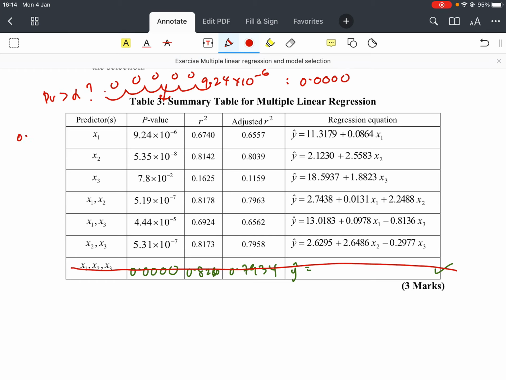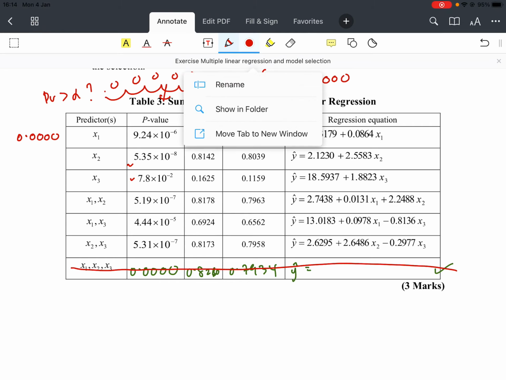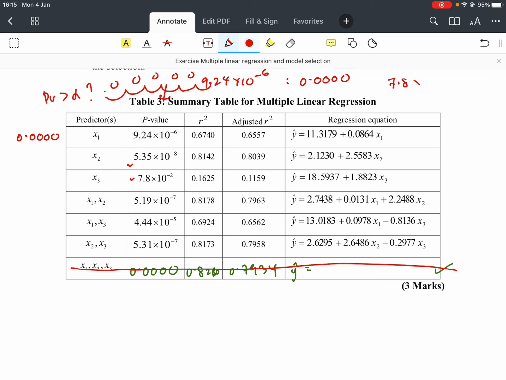The same goes for the others. Sorry, here it is 7.8 times 10 to the power of negative 2, which is 0.078. The rest are 0.0000.